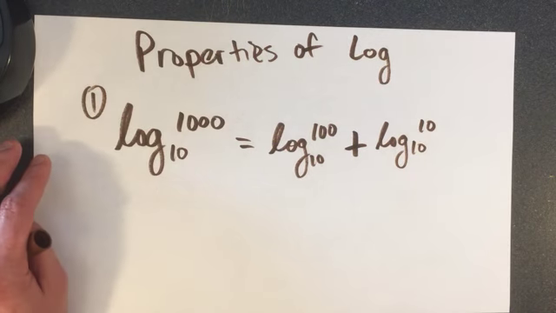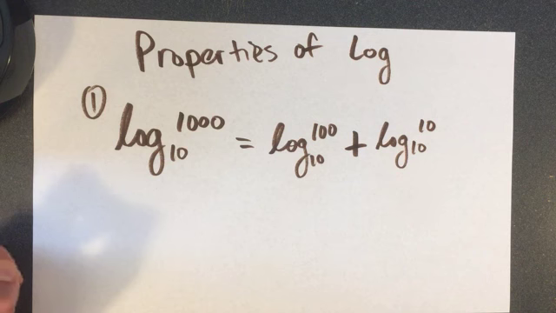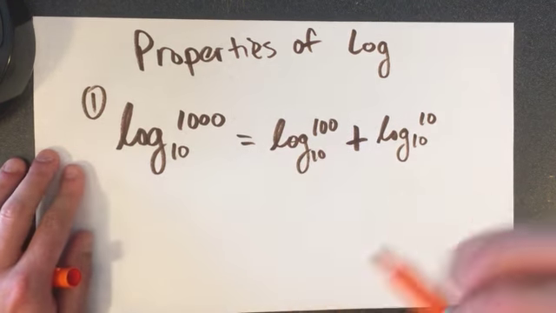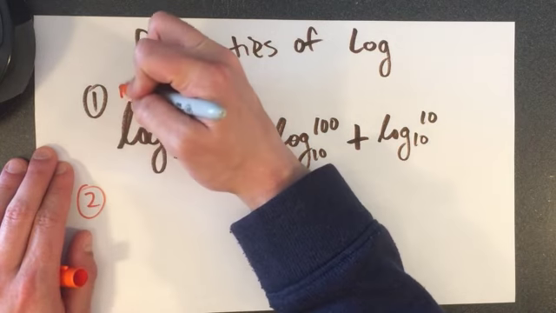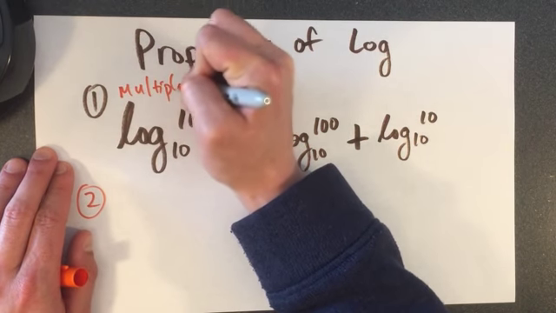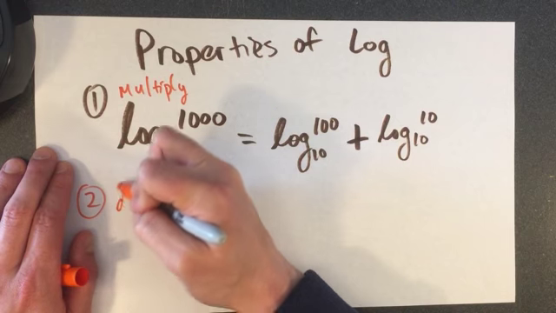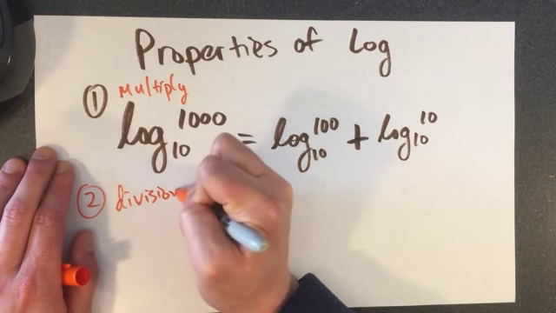Just to give you another very specific example, let's look at the next one here. If we divide, though, this is called the multiplication property, and we have the division property.